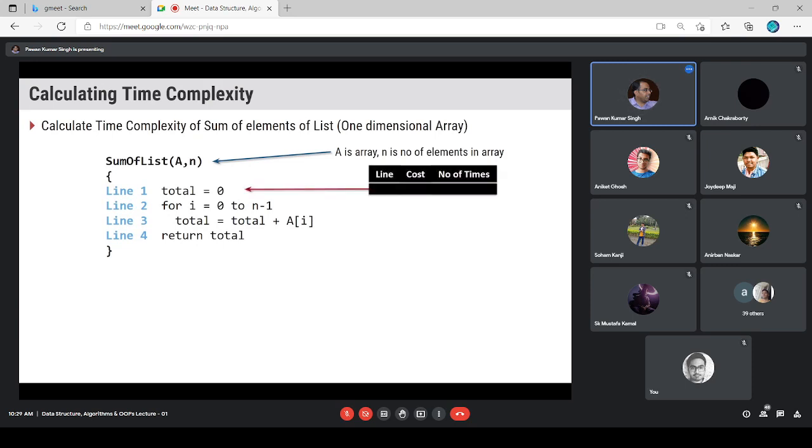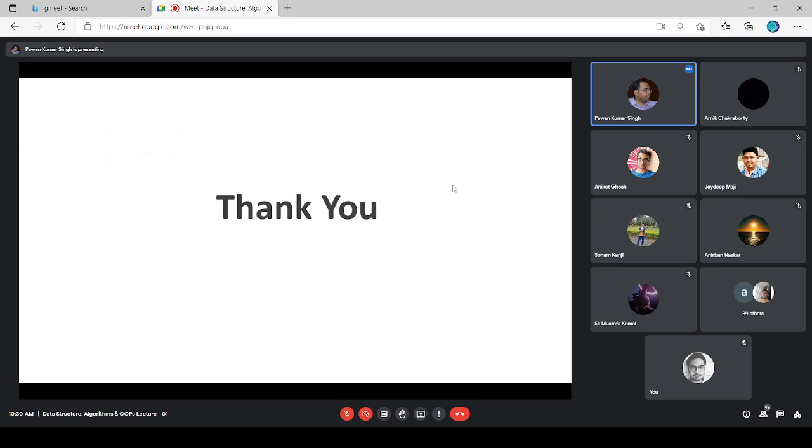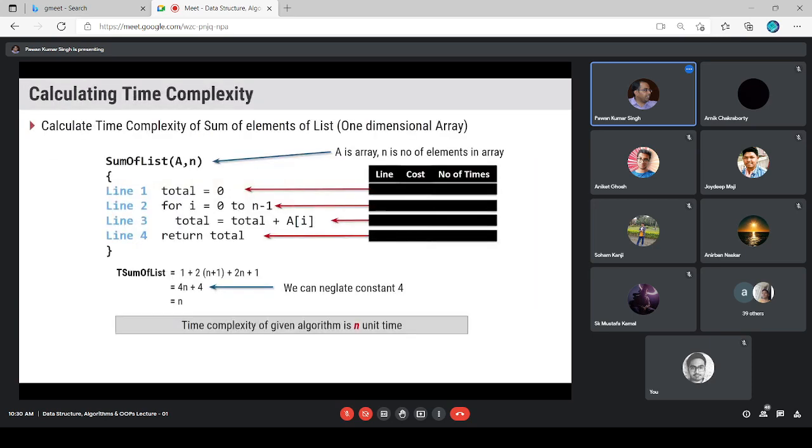Now starting from the first line, it is not visible.